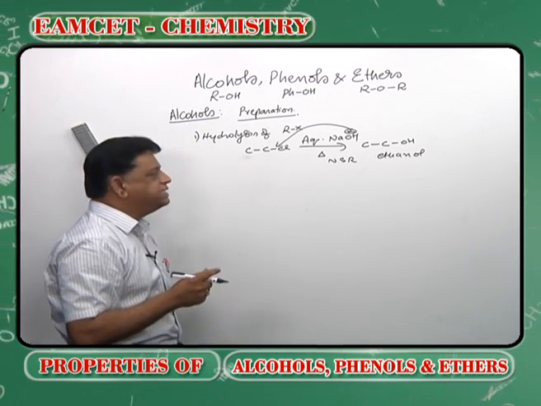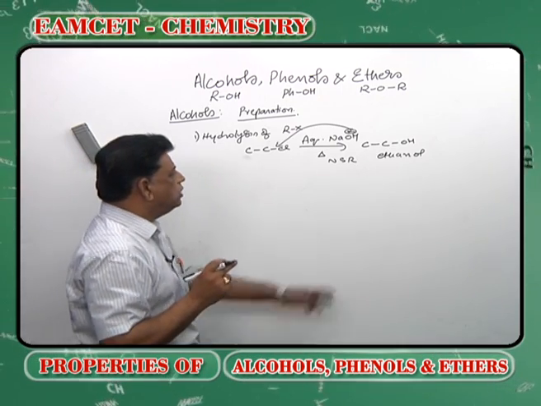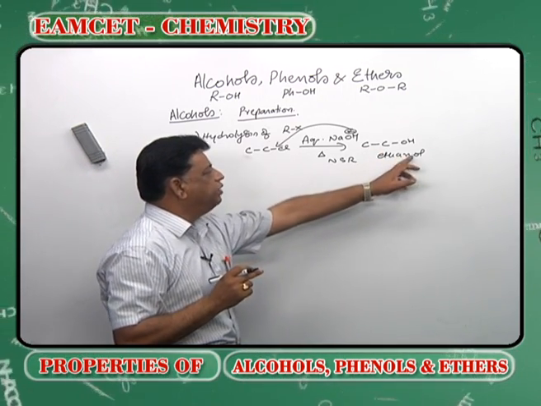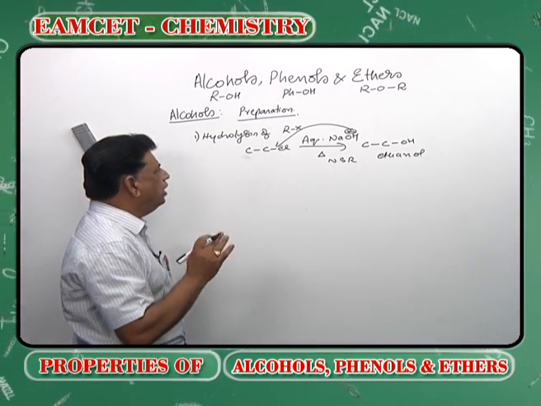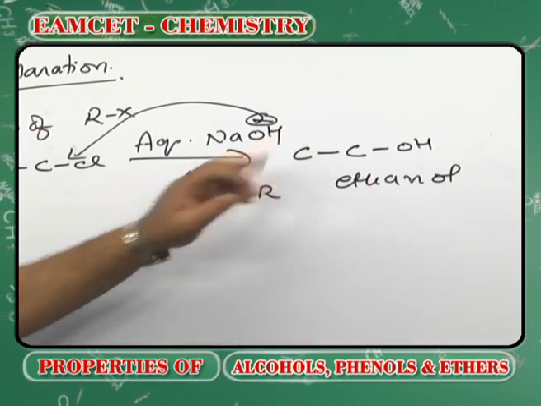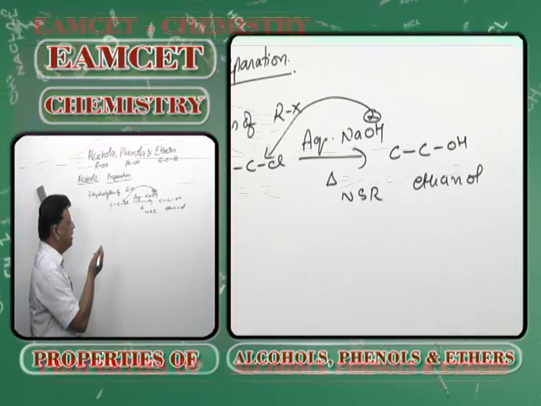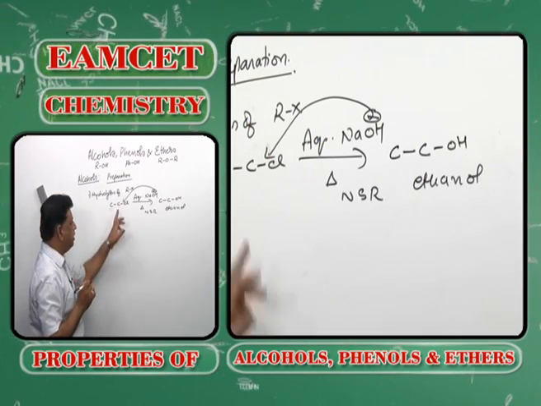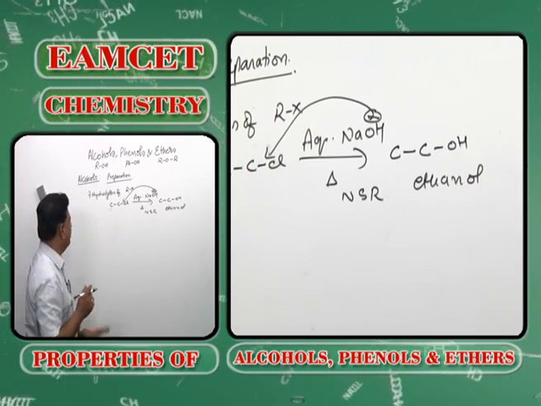Unless there are two OHs, it is a glycol, but one OH means ethanol. So, ethanol can be prepared by hydrolysis. Here you can take potassium hydroxide, sodium hydroxide, calcium hydroxide, a weak base or strong base, but dissolved in water. If alcoholic KOH is taken, elimination leads to alkene formation.